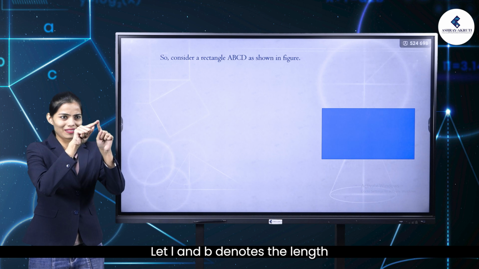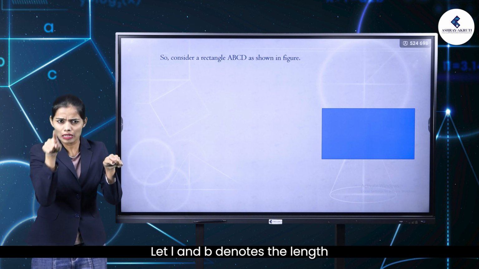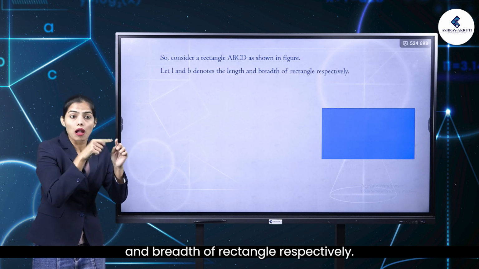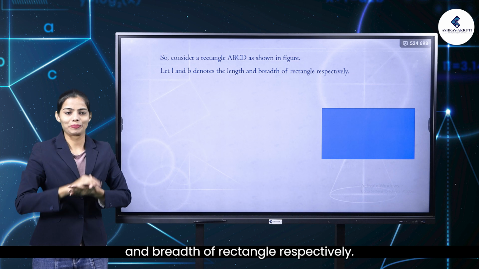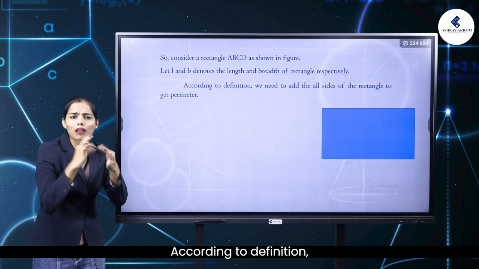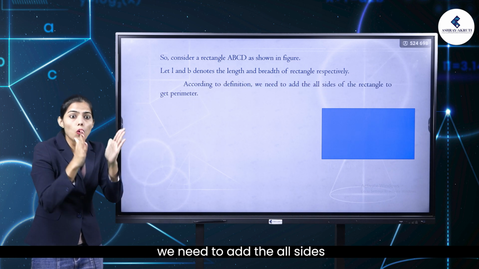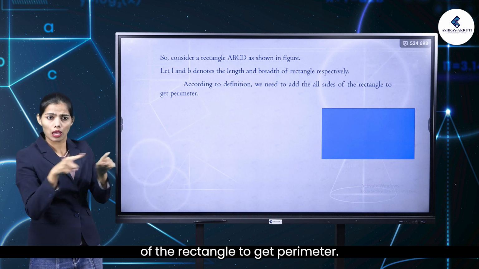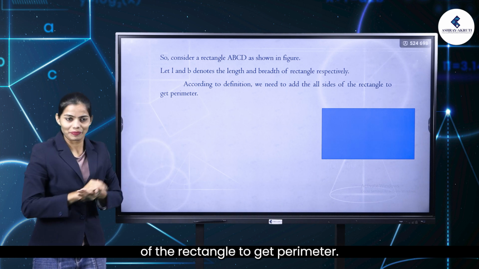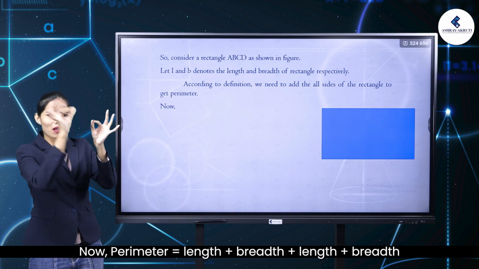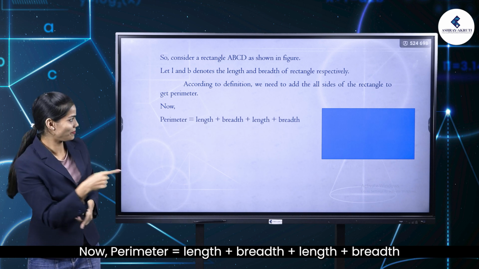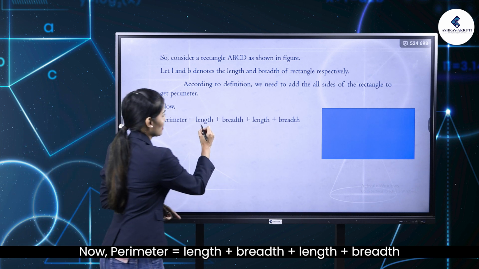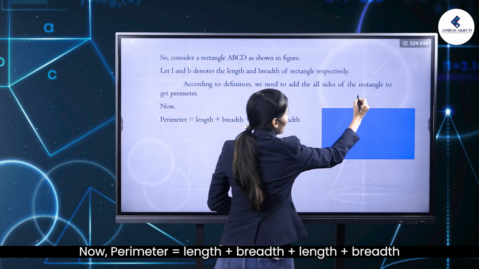Let L and B denote the length and breadth of the rectangle respectively. According to definition, we need to add all sides of the rectangle to get perimeter. Now, perimeter is equal to length plus breadth plus length plus breadth.